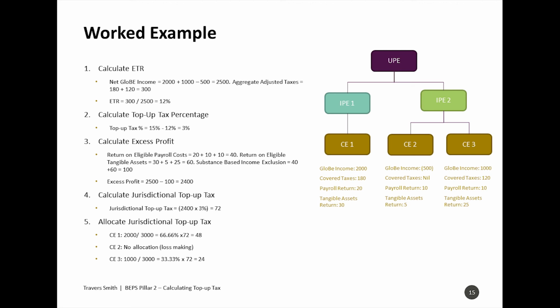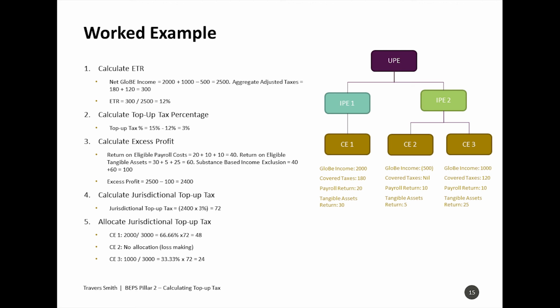So your total substance-based income exclusion is 40 on the payroll costs and 60 on the tangible assets. That gives you 100. That figure is deducted from the net GloBE income of 2,500 to give you excess profit of 2,400.